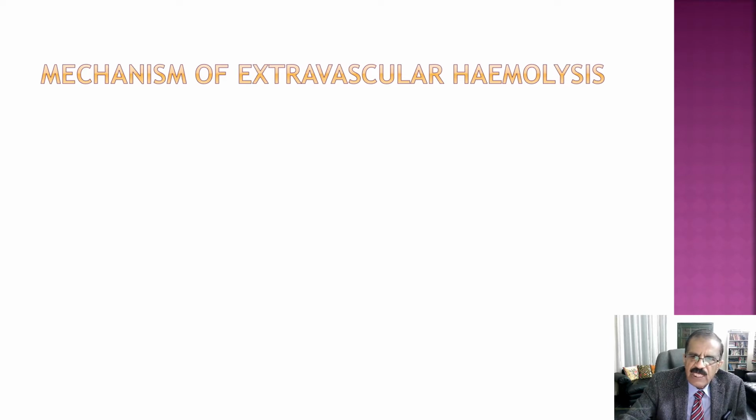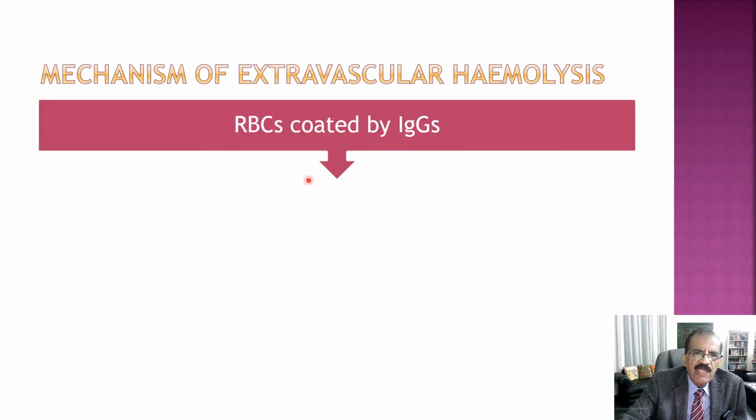The mechanism of extravascular hemolysis is very interesting. In this case, antibodies are made which are usually immunoglobulin G type. They have specificity against an antigen on the RBC cell wall.